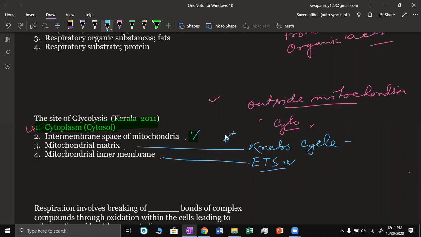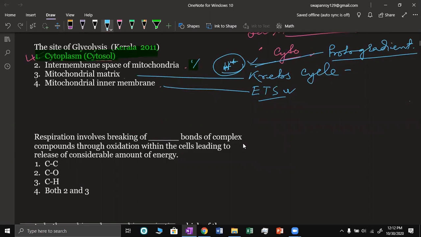The intermembrane space is the location where hydrogen ions are accumulated and the proton gradient is developed, that is, in between the two membranes, inner membrane and outer membrane.